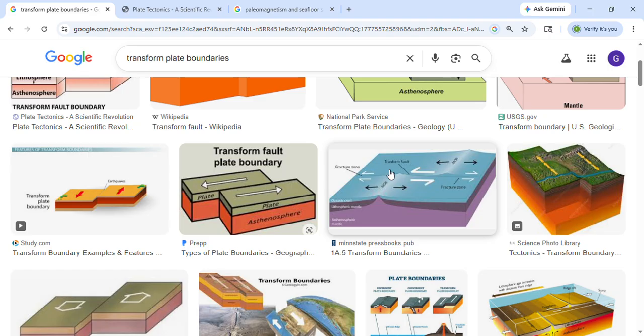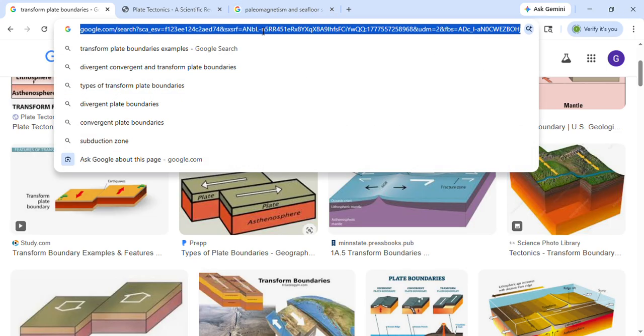So the next question is, how did the Indian plate move to its current position?